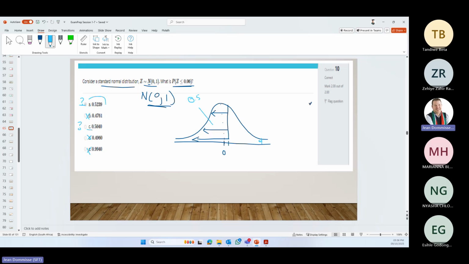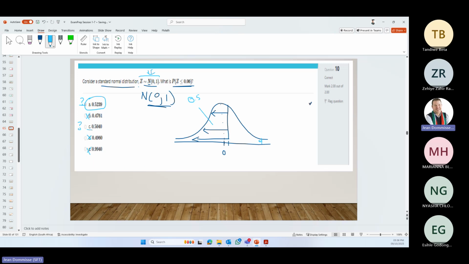Wait, 0.5239. Okay, so just by looking at the table. But why I wanted to show this is I saw it in a previous one, and this notation, just if they give it to you in that form, that you know what to do.